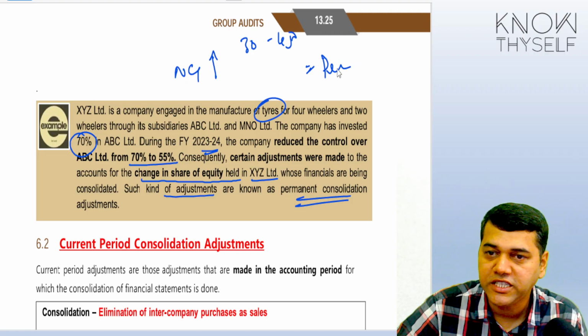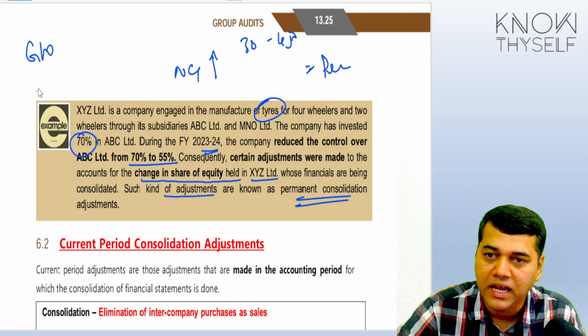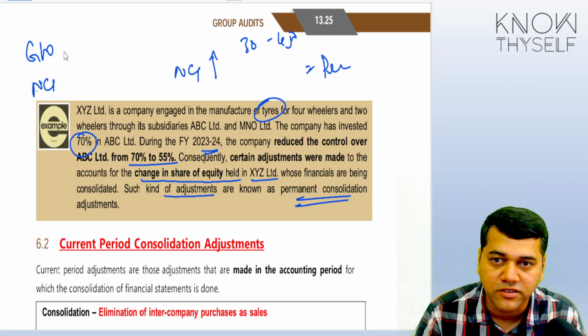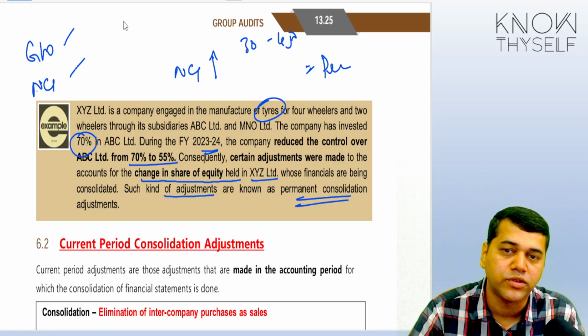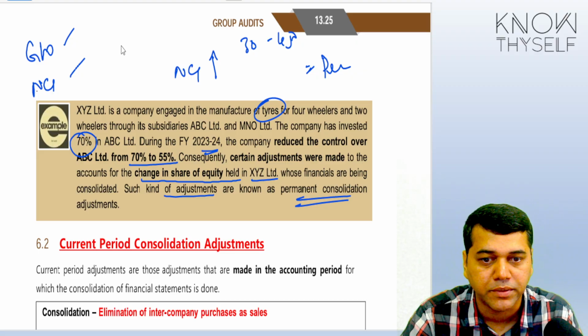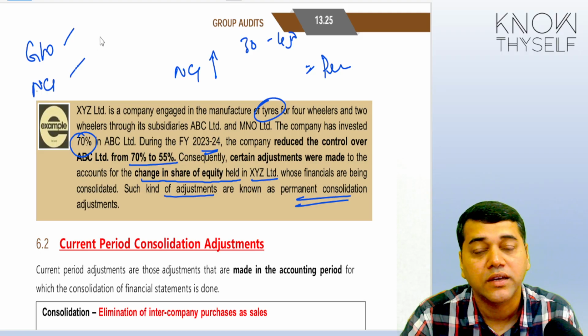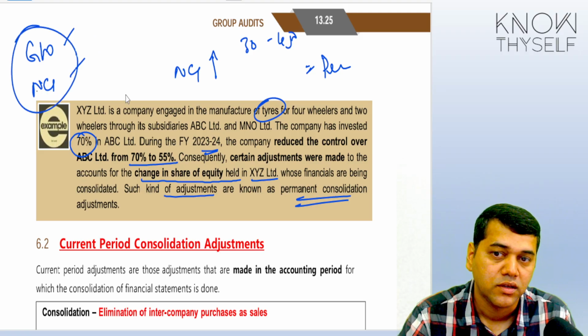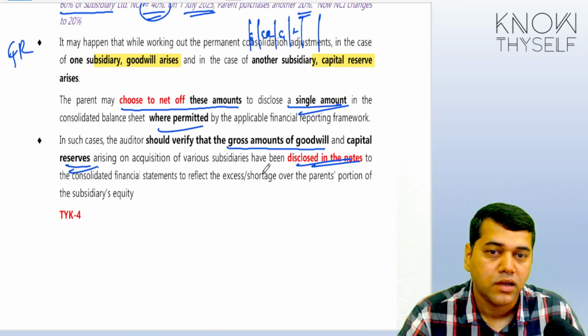Okay, so permanent adjustments primarily include your goodwill and your NCI. So you have to keep certain considerations in mind, like how it is calculated, how subsequent changes have happened, what changes have happened in the subsequent period. Okay, so like your acquisitions only. Okay, this is what we are going to consider. I hope it's clear, students.